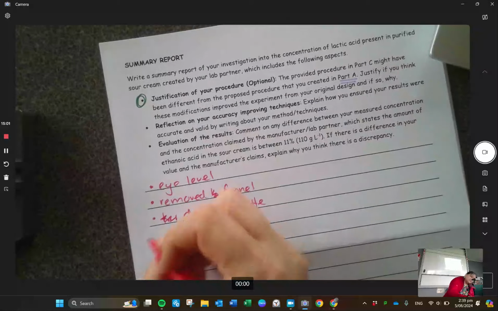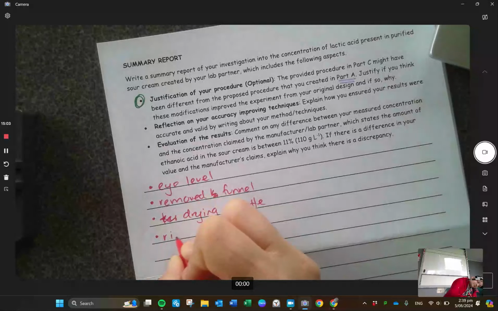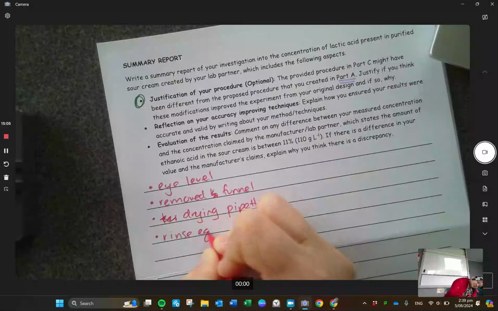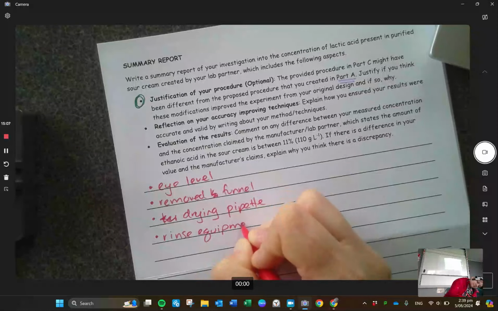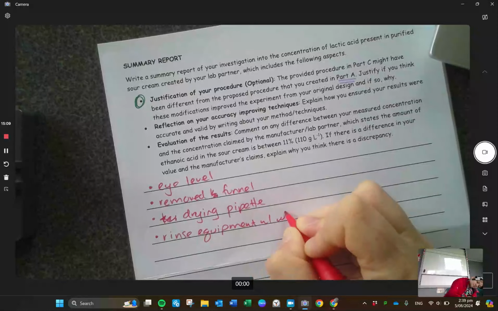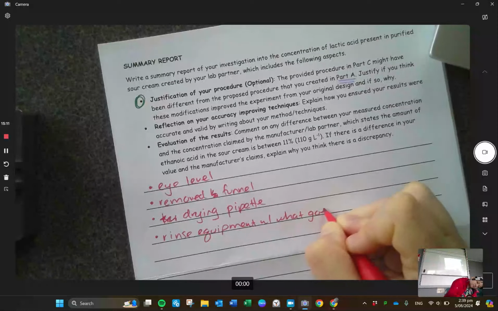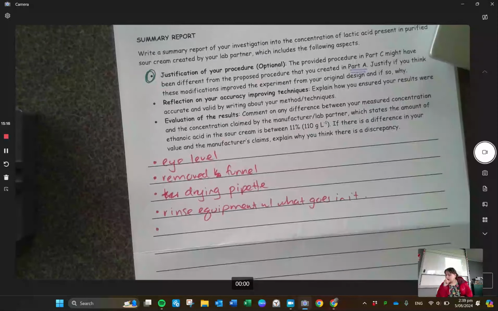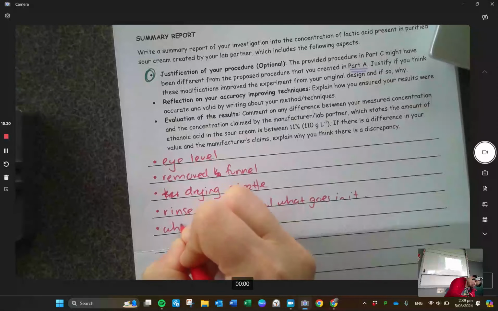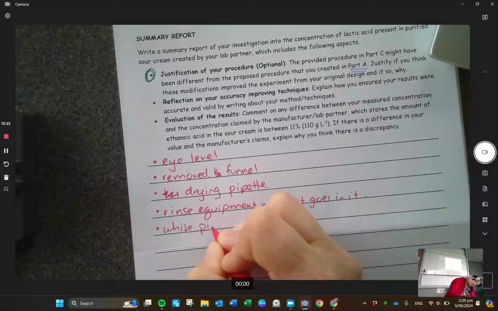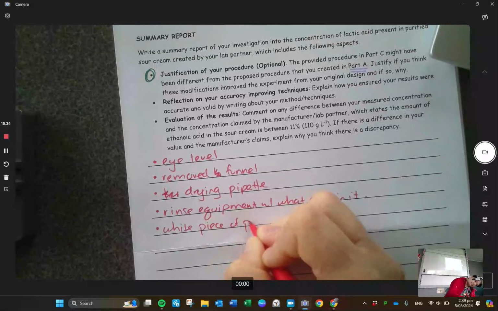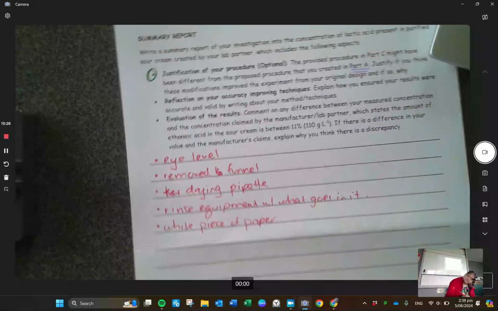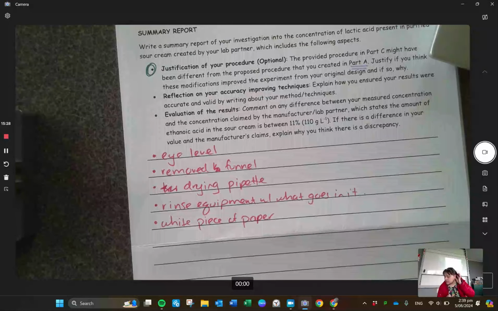Rinsing your equipment. You could talk about the white piece of paper.